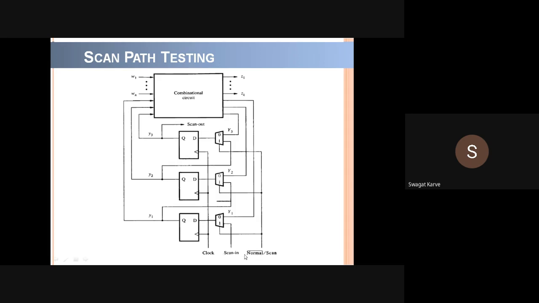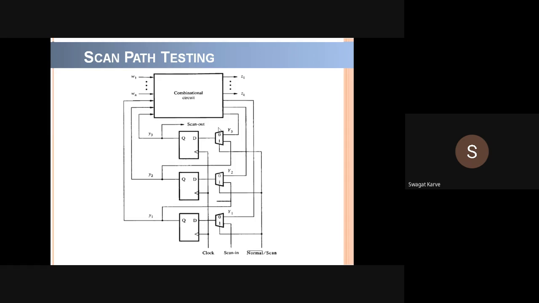पहिली स्टेप काय, हे स्कॅन पिन इनेबल करायची आणि हा स्कॅन इन डेटा इथे द्यायचा, किंवा you have to input the scan in. This is the first step. What is the next step? Disable the scan pin and apply one clock cycle. In the third step, enable the scan pin and scan out the data, म्हणजे तिसऱ्या स्टेप मध्ये स्कॅन पिन इनेबल करायची आणि स्कॅन आउट डेटा you have to observe.